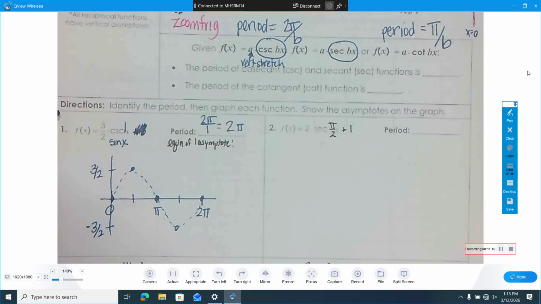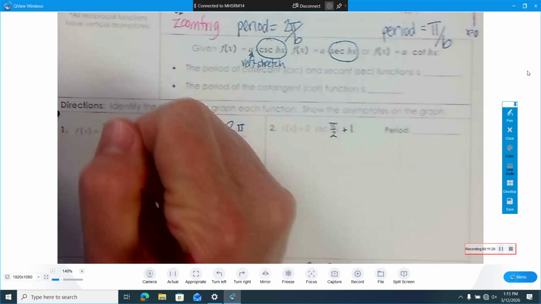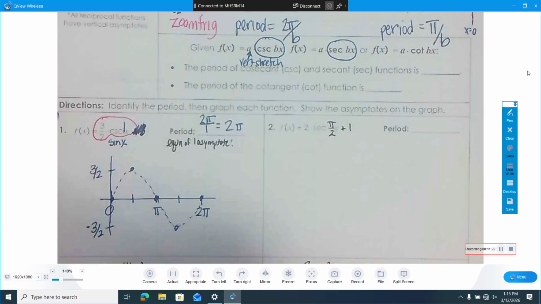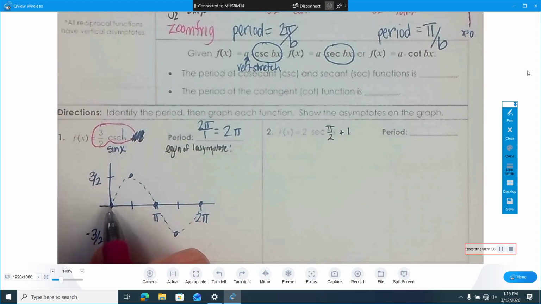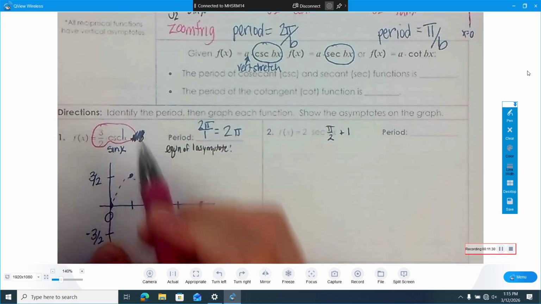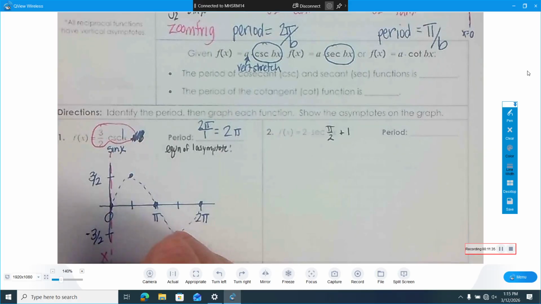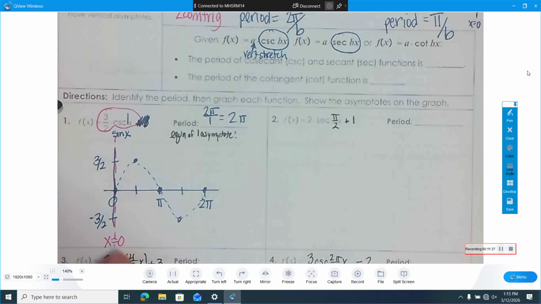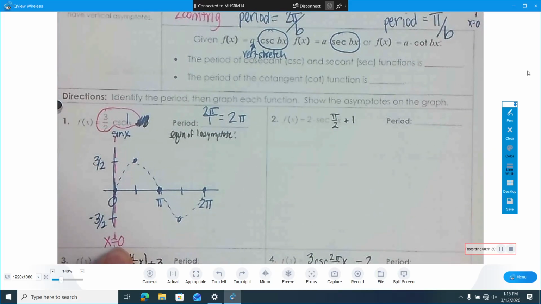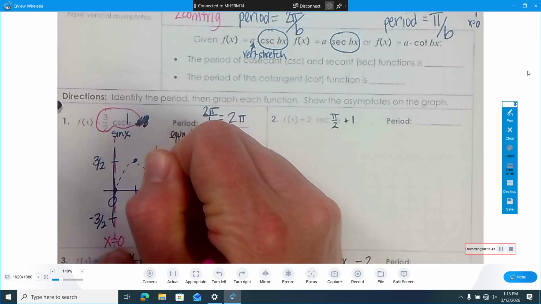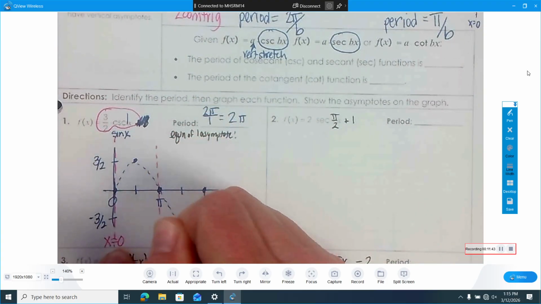That's our sine curve, and if we want to then graph cosecant, all I have to do is flip everything out. I'm going to draw in my asymptotes, so anywhere we cross the midline is going to be a vertical asymptote. So there's a vertical asymptote here at x equals 0. Where's another vertical asymptote? At pi. So x equals pi.